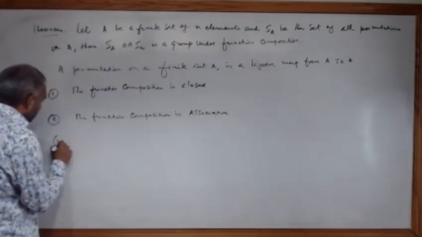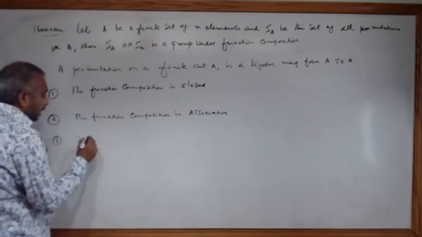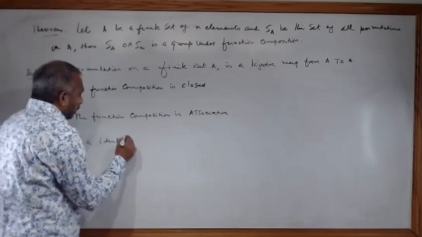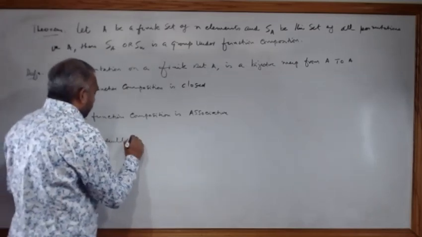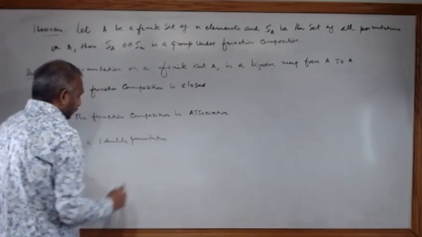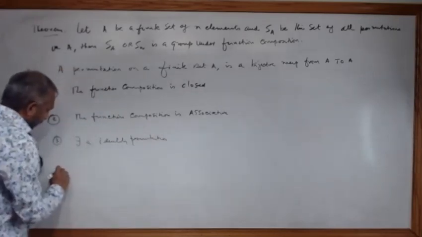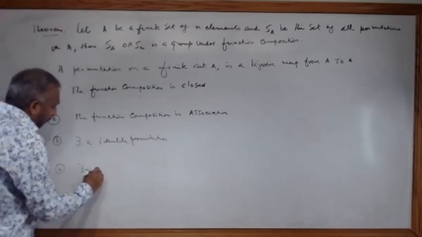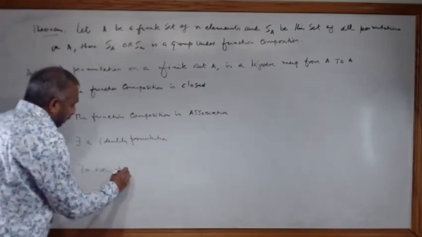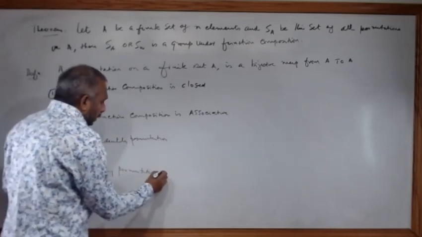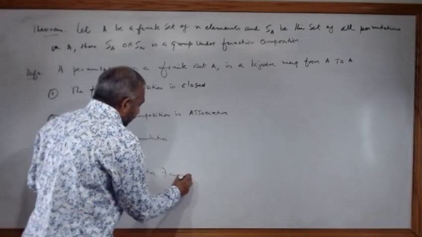Third, there exists an identity permutation. Fourth, for every permutation there exists an inverse.